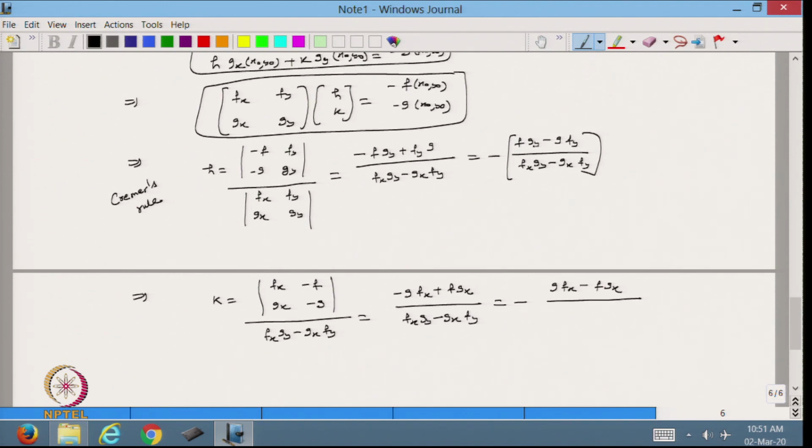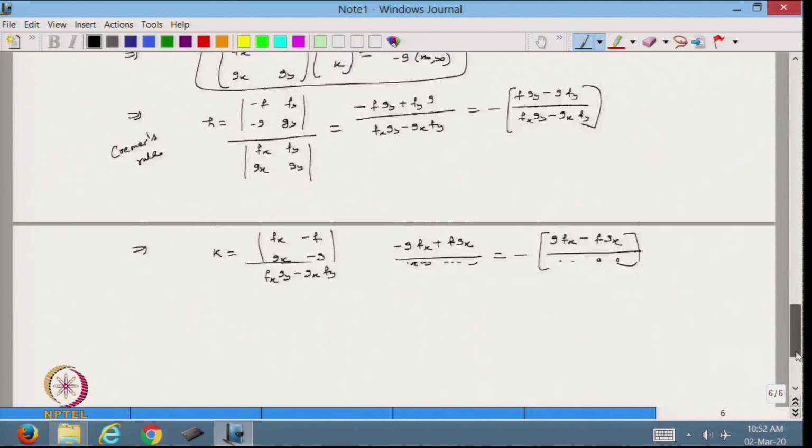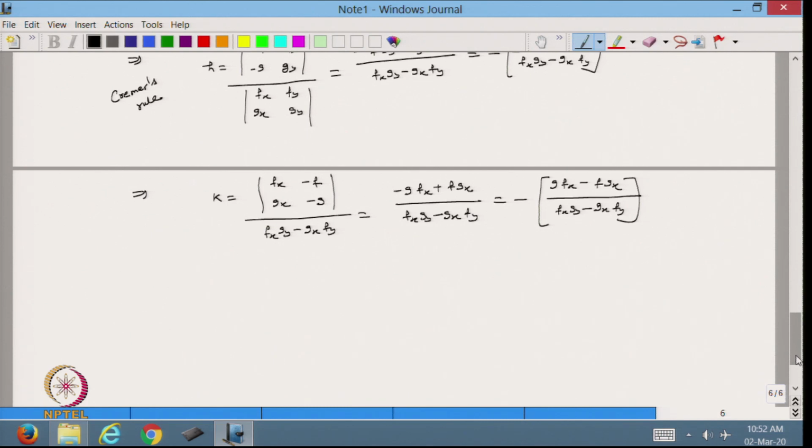Here it was f g y minus g f y, here it is with respect to x, over f x g y minus g x f y. So, that is my k, and based on this I can now find my h and k.